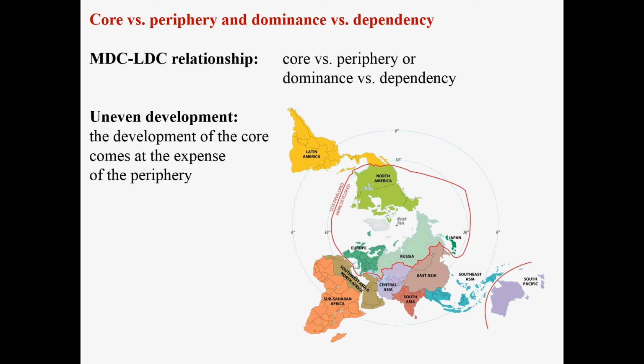One is called the core, another is the periphery. So the core are those Western countries that are already industrialized, and they are in a dominant position. The other countries that have not become industrialized, the developing countries, are in the periphery, and they are in a dependency position. They depend upon those developed countries for technology, for resources, and for investment.